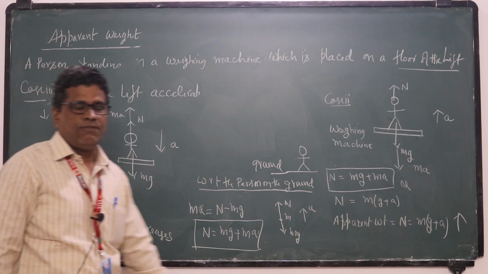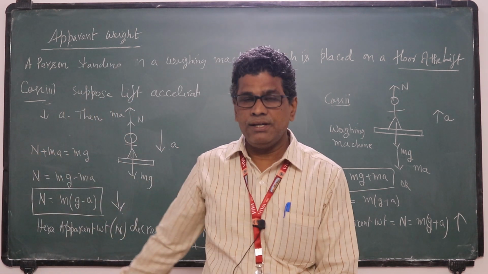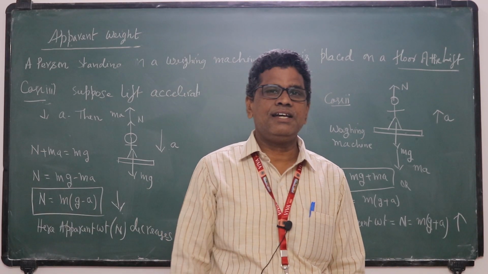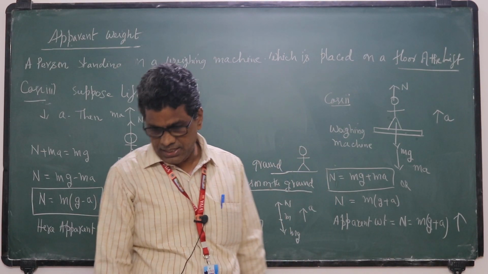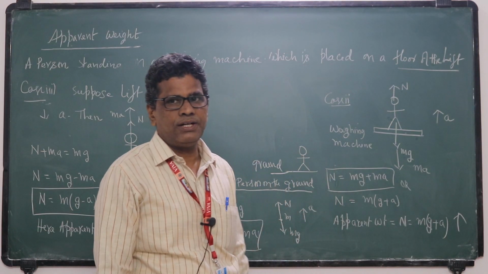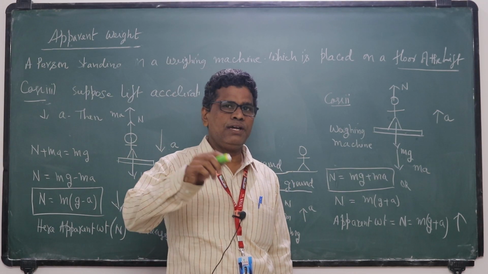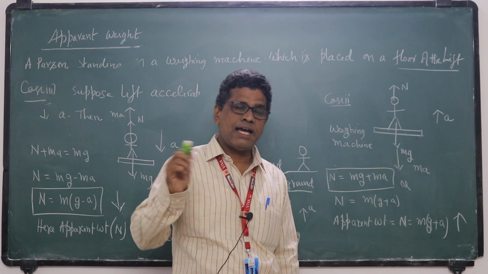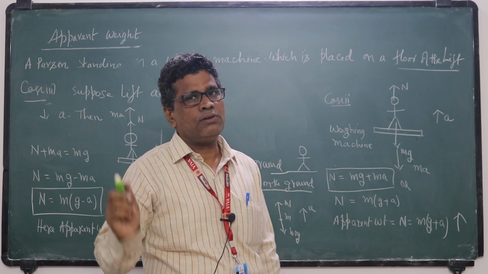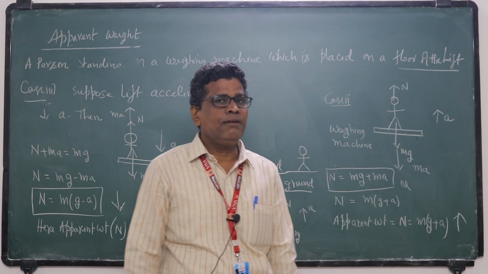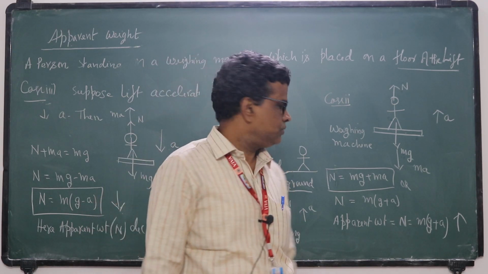That means if the weight of the person is 50 kg, it will show 40 kg, less than 50 kg, because he is in a non-inertial frame. That is not the true weight of the person. So the reading shown by the weighing machine, when it is accelerating up or down, we can call it apparent weight. Apparent means not true. Okay.